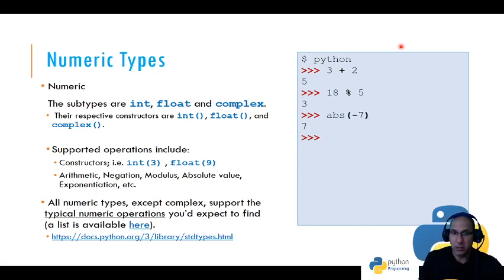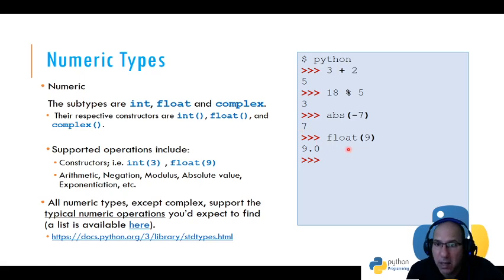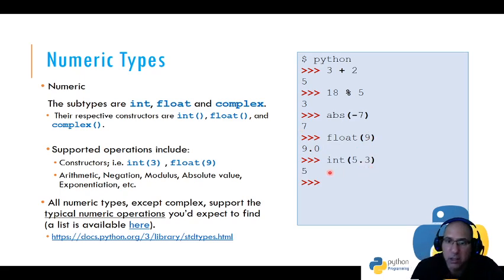We can use the built-in functions such as abs, which represents the absolute value. Whenever we give it a negative value, we will get the positive of that value. We can use the construct float. We can convert any integer to a float, or vice versa, convert any float into an integer. This gives us the 5.